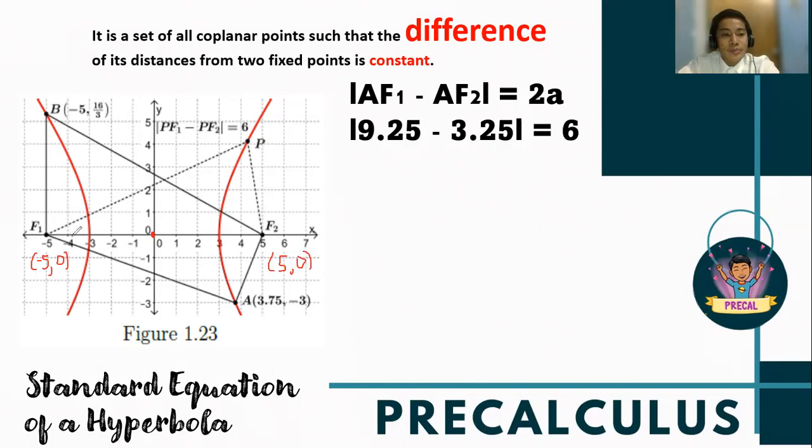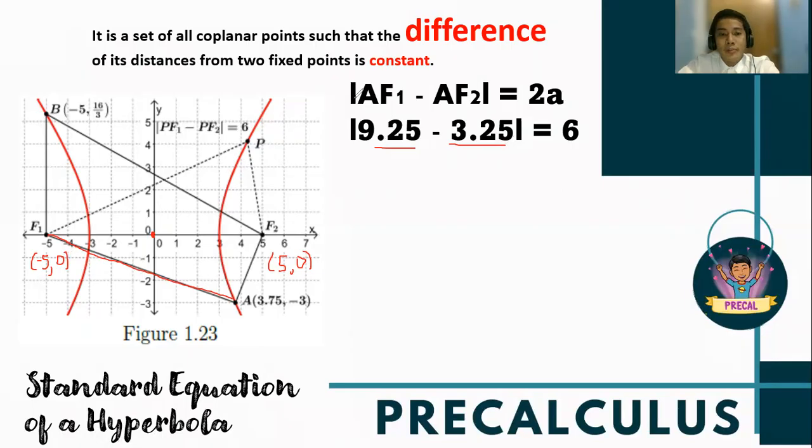Now, let us obtain the distance from one of the foci going to point A. So look at this distance, that is A F sub 1. Using the distance formula, we will have the square root of (-5 minus 3.75) squared plus (0 minus -3) squared. So we will get 9.25 minus 3.25.